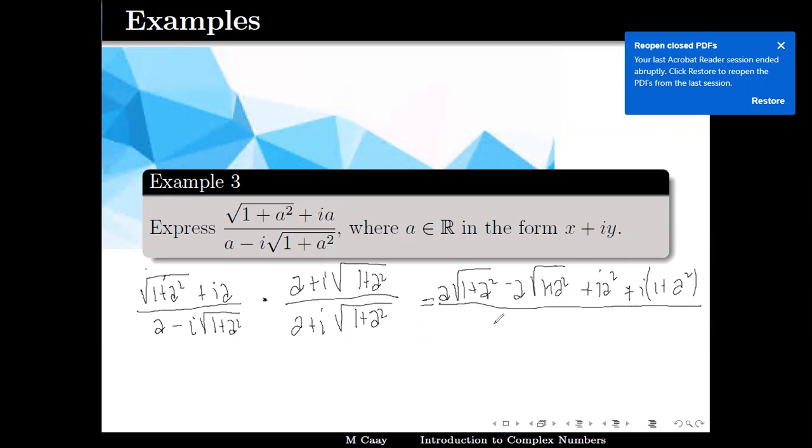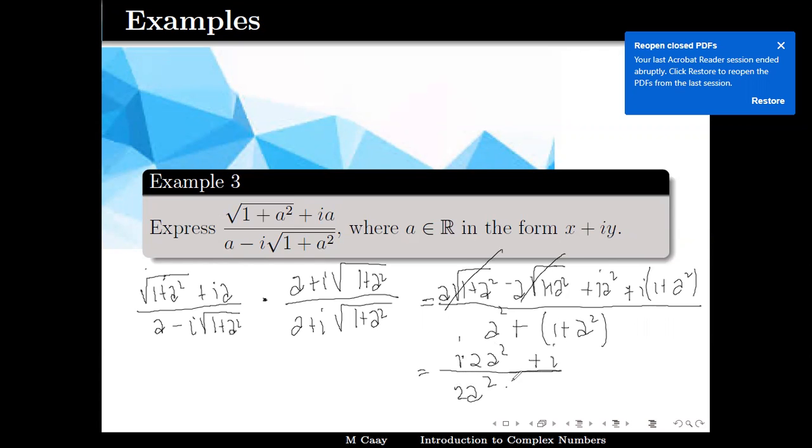Now, what is below is a squared plus 1 plus a squared. This will be canceled here. And if I add the numerator, correct me if I'm wrong, it should be i times the square root of a squared plus 1. And what is below is a squared plus 1 plus a squared, so it should be 2a squared.